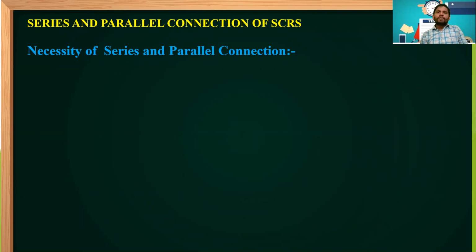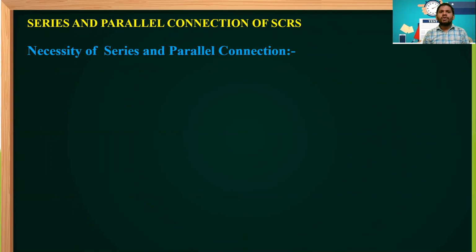Students, we know this. In most industrial applications, a single SCR cannot fulfill the required demand. In that case, it is required to connect SCRs either in series or parallel or both series and parallel. We know this. In series connection, current remains constant and the voltage is added.